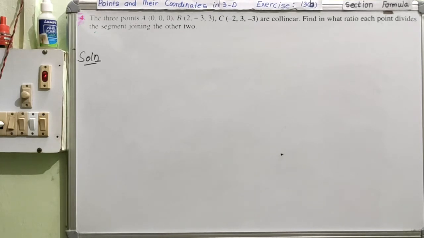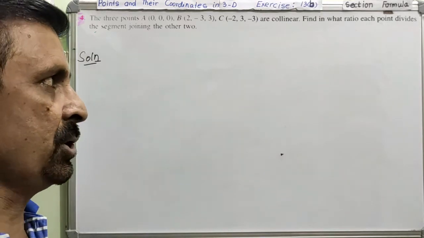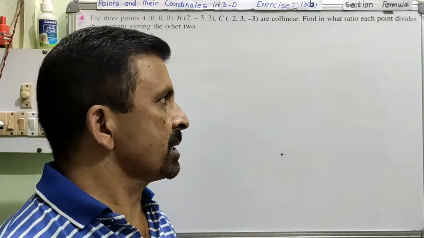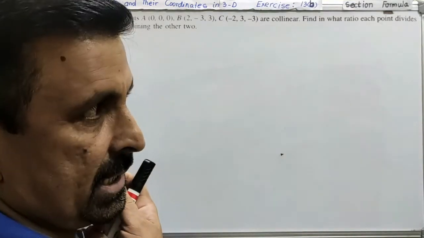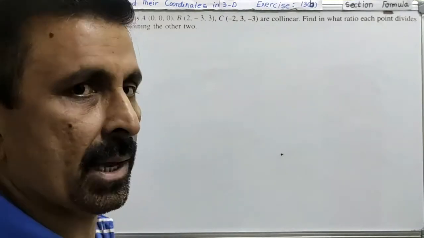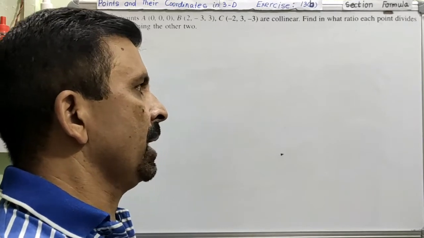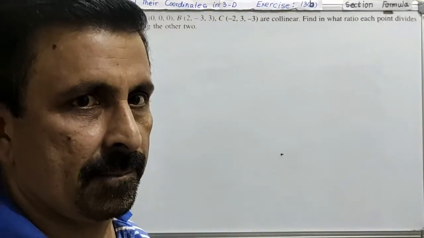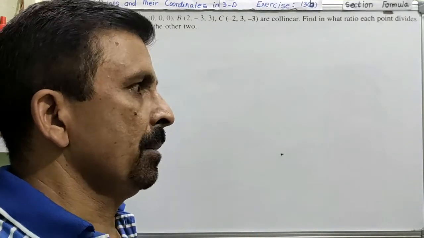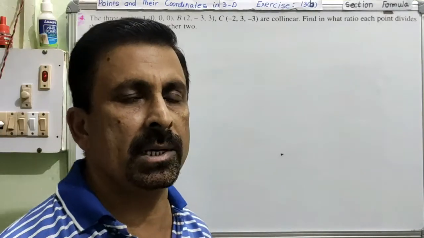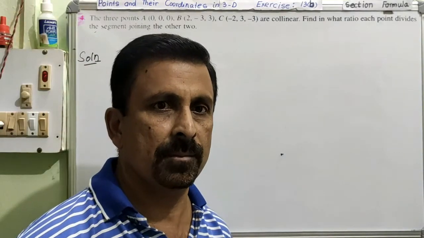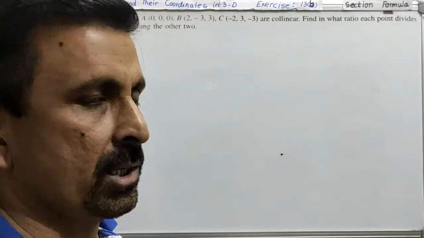So once again here we have to find out the ratio. Now first of all I will go through the question, and then after that I will have some extra discussion on this question. So first of all, the 3 points are collinear, but it is not said which point divides the join of the other 2. Am I clear? So randomly we can choose one.